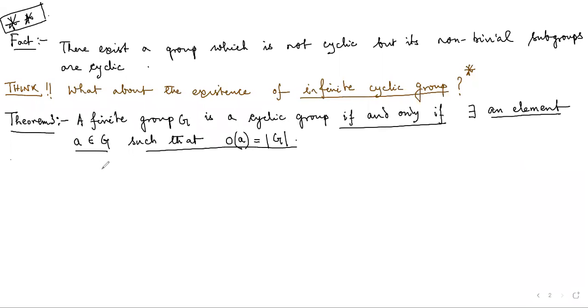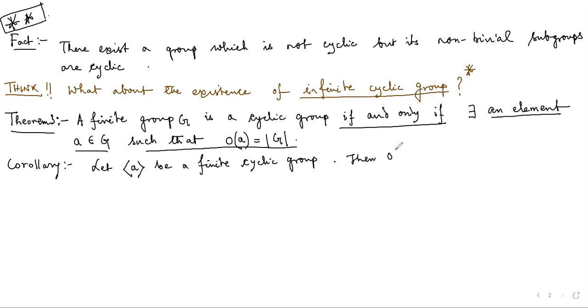And this theorem has a corollary that I'm going to write over here. The corollary is saying that let G equal to generator A be a finite cyclic group, then the order of A is equal to the order of G. Same thing, because if A is the generator, then actually this is equal to capital G, and the same thing has been written over here.